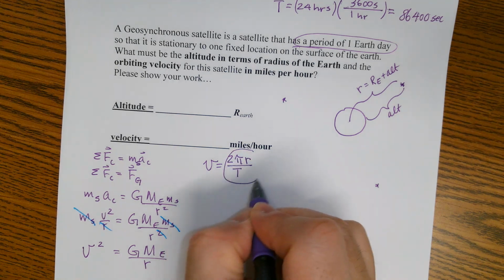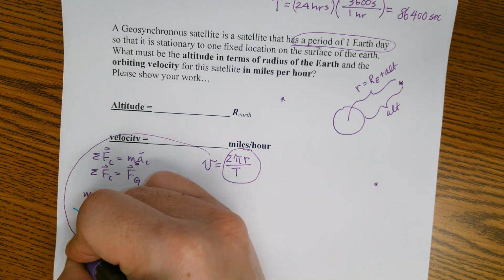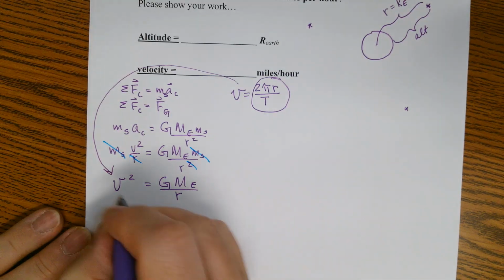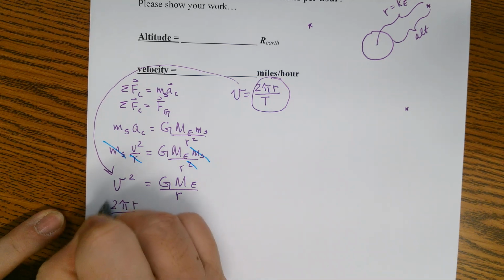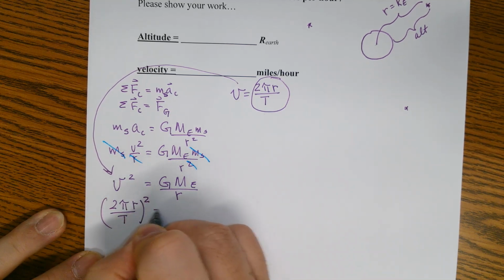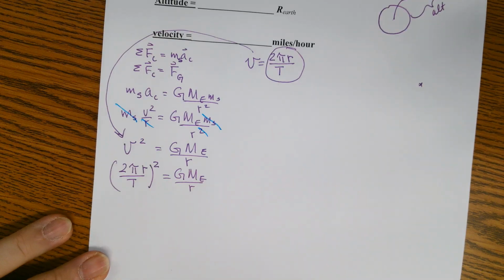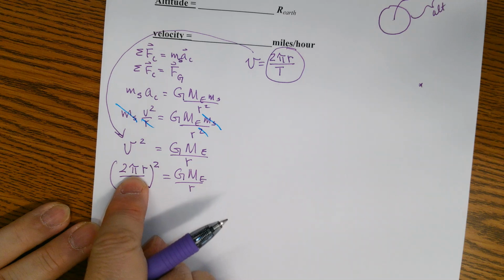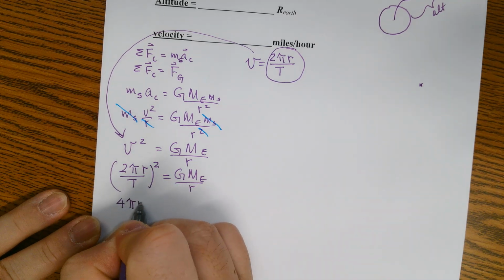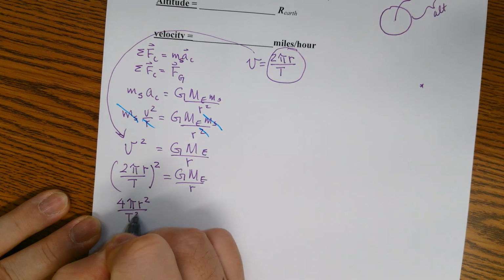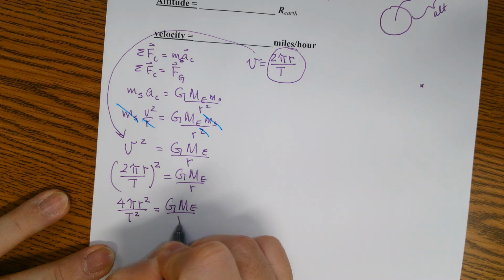Well, I'm going to substitute this into this v right here, so that 2 pi r over the period T, quantity squared, is equal to G times the mass of the Earth over r. When I square this, I get 4 pi squared r squared over the period squared is equal to G times the mass of the Earth over r.